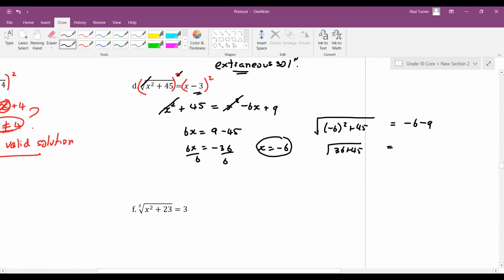And this is going to be minus 6 minus 9, which is minus 15, isn't it? Well, what's going to happen there? That's going to be root 81 and this is minus 15. So it doesn't seem to make any sense, does it? Because root 81 is 9. 9 equals minus 15. So therefore, this has no real solution as well.